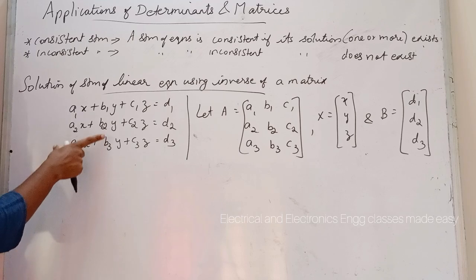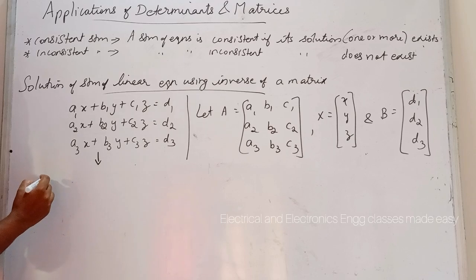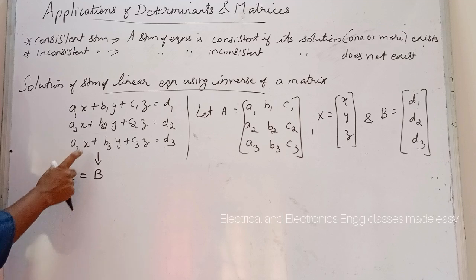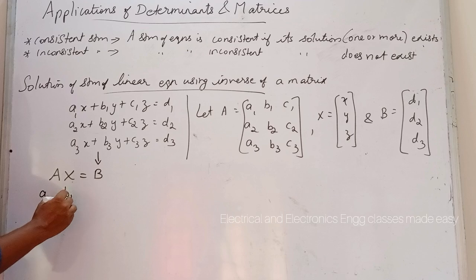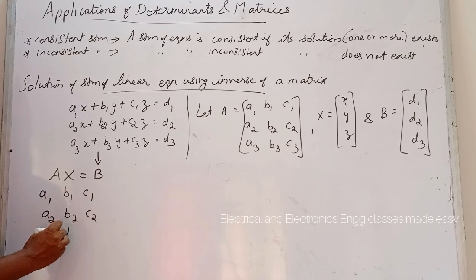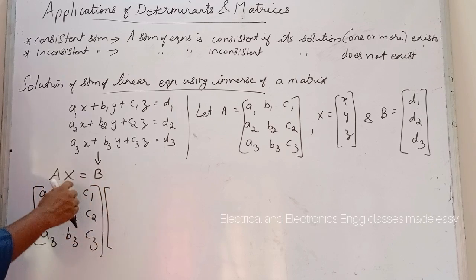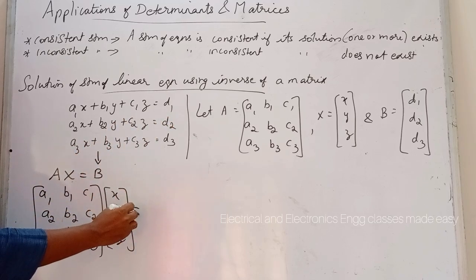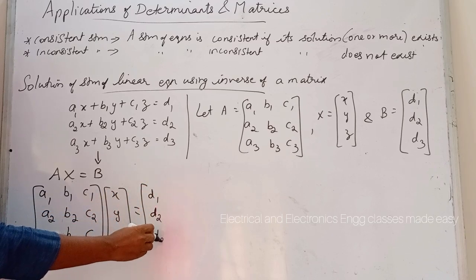Then this system can be written using these matrices in the form AX = B. That is, A, which is [A1 B1 C1; A2 B2 C2; A3 B3 C3], into X, the column matrix of x, y and z, is equal to B, the column matrix of the constants D1, D2 and D3.